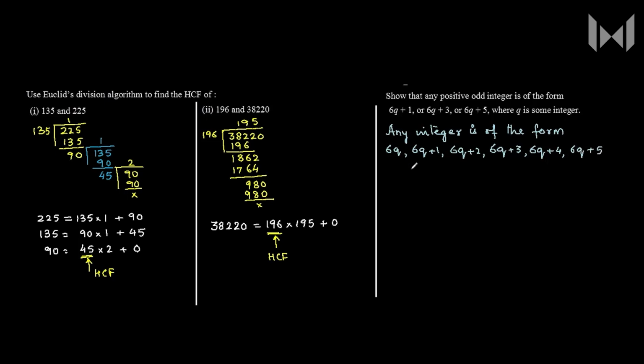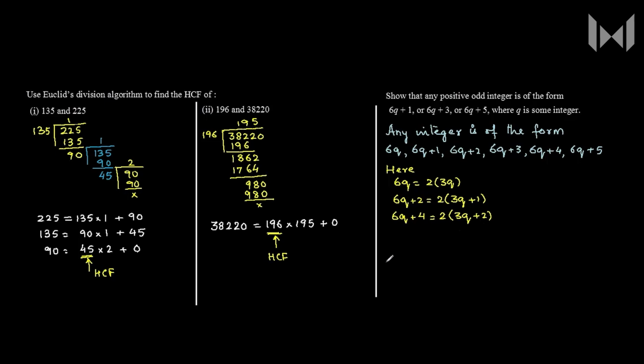But out of all these, 6q can be written as 2 times 3q. 6q plus 2 can be written as 2 times 3q plus 1, and 6q plus 4 can be written as 2 times 3q plus 2.